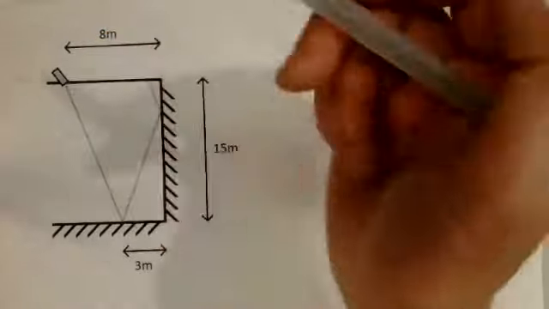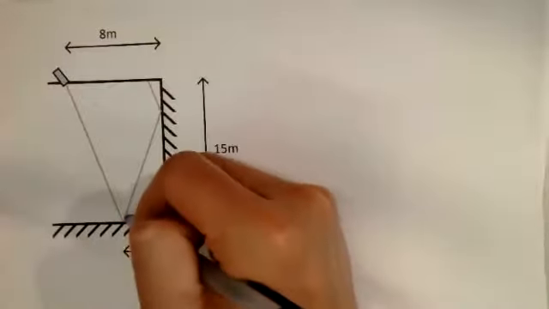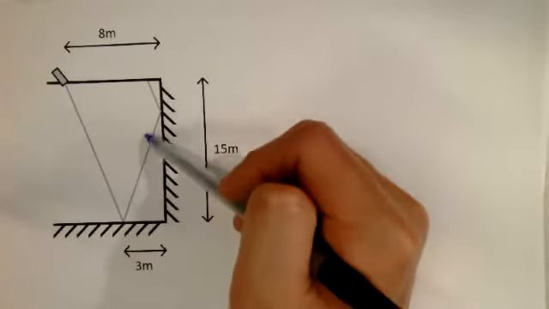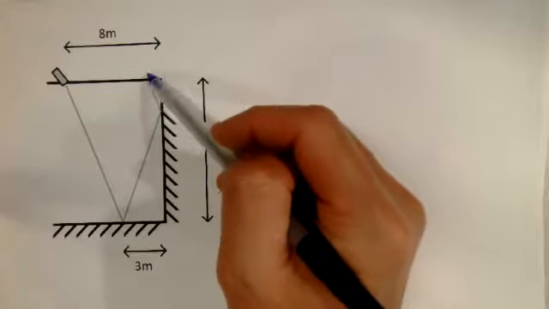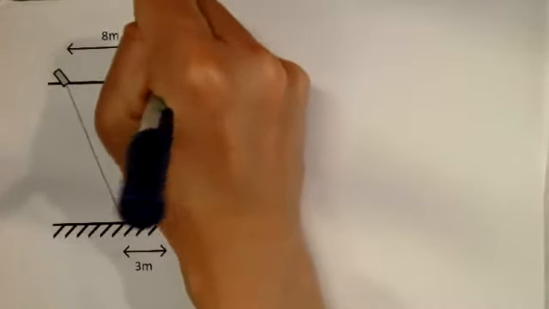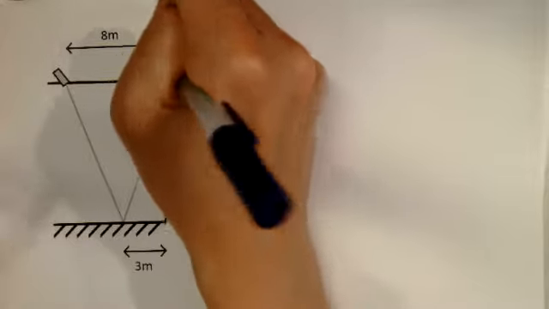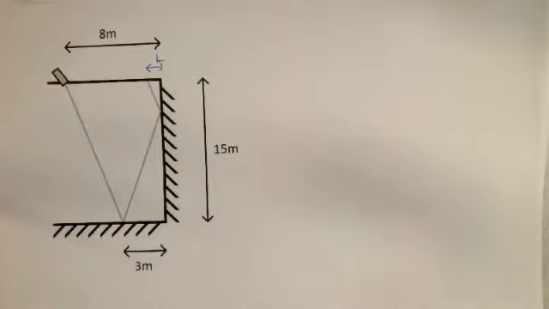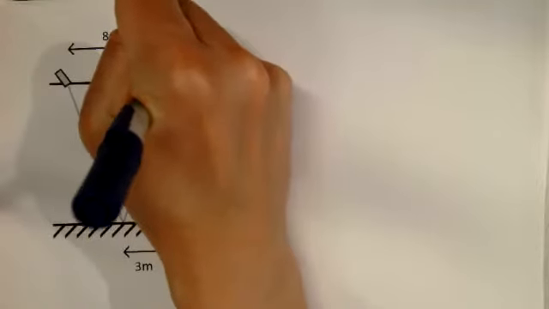Stick a laser pointer through that wall, travels down, bounces off the mirror. At least qualitatively, you know what to expect. It's going to do something like this, and it's going to bounce off this mirror, and then it's going to strike the wall here. What I want to know is, what is this length where it strikes the wall?